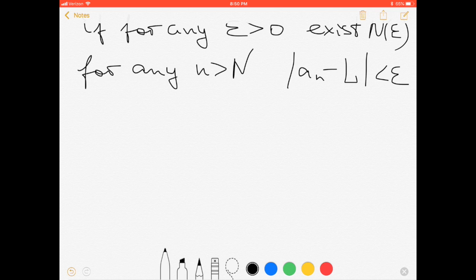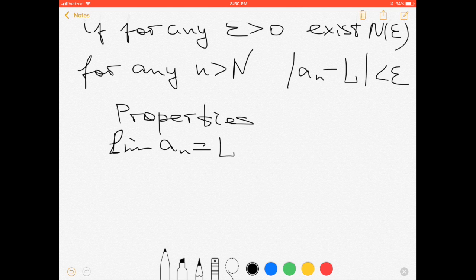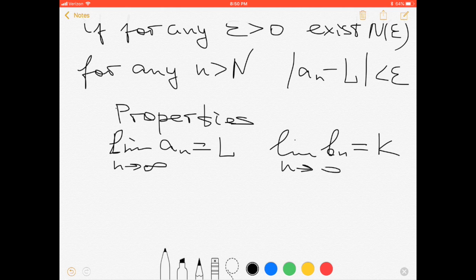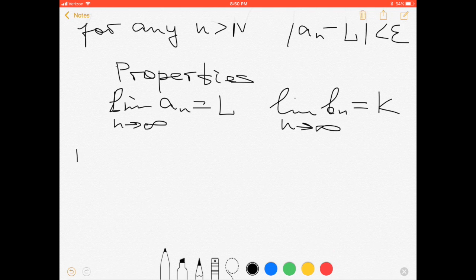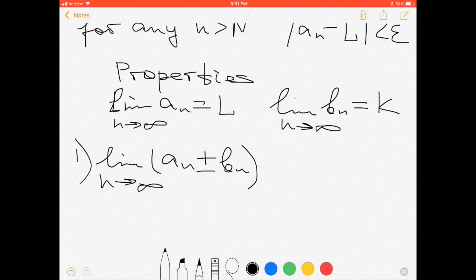For limits we have some properties. If you have two sequences, where the limit of a_n is L, and the second sequence, the limit of b_n equals K, for example. Then, first, the limit of the sum or difference of two sequences equals the sum or difference of their limits.